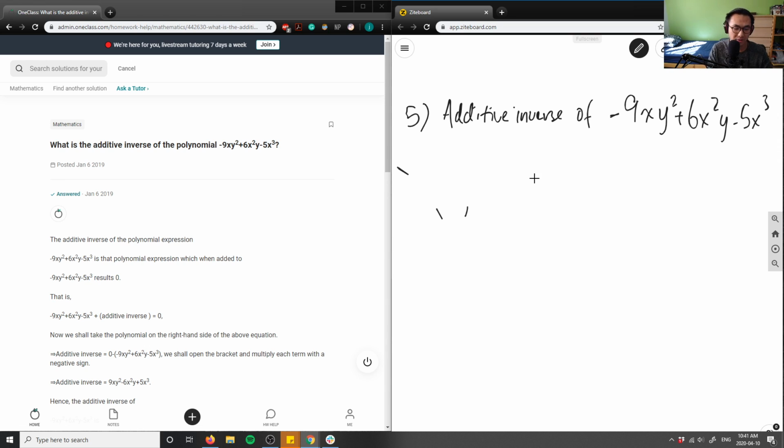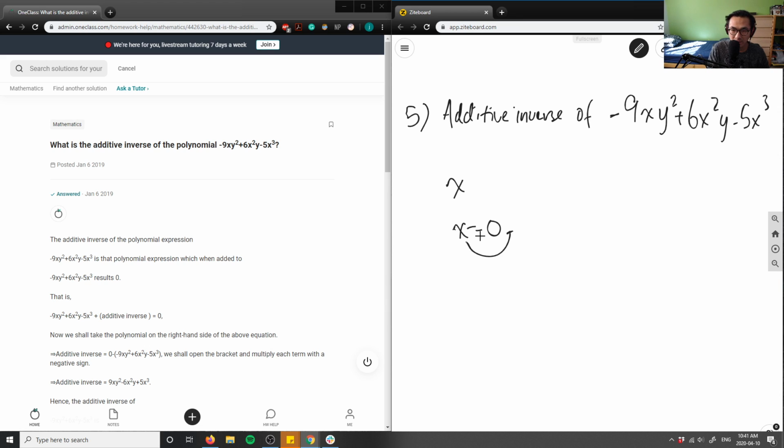So let's say, what is the additive inverse of x? I would set x to 0. So x equals 0. And what we're going to do is move it to the other side.